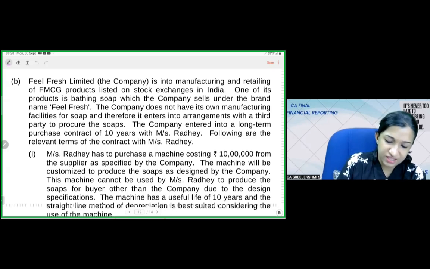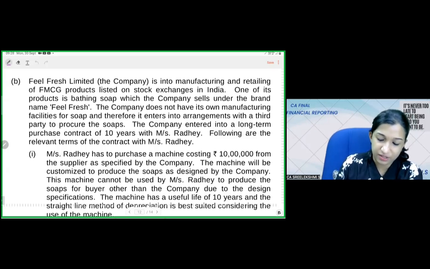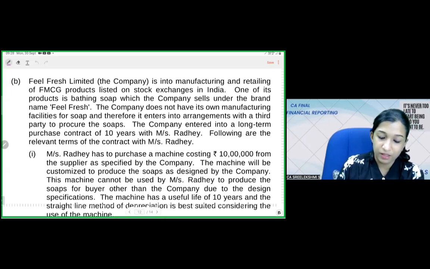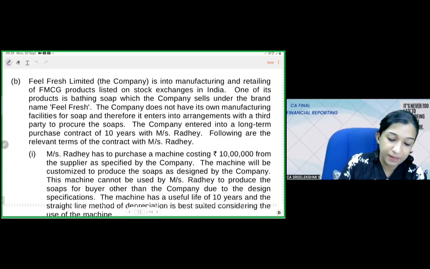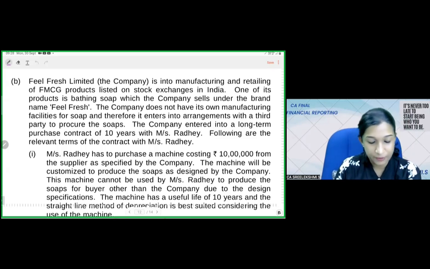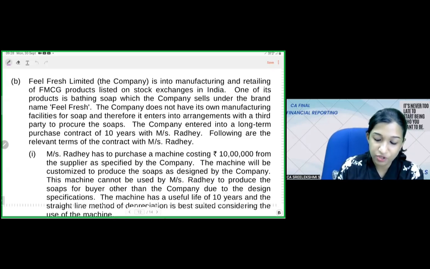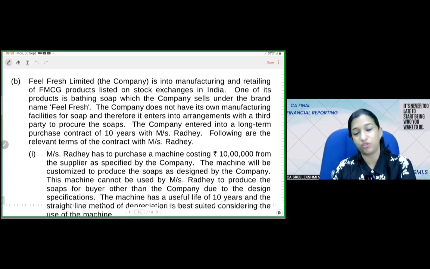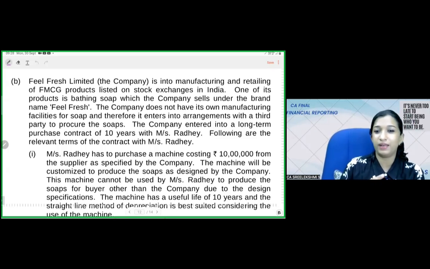So just a general paragraph. One of its products is bathing soap, which the company sells under the brand name Feel Fresh. The company does not have its own manufacturing facilities for soap, and therefore it enters into an arrangement with a third party to procure the soaps. So this is what is happening everywhere now.